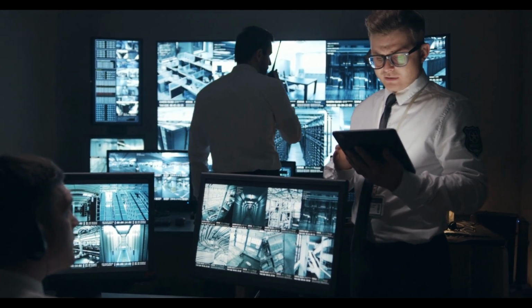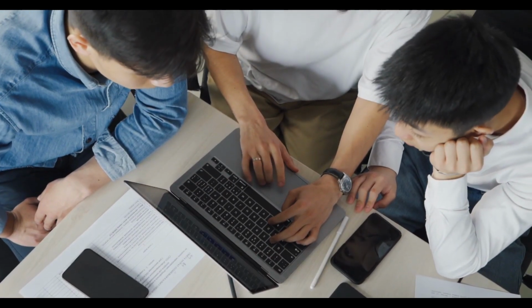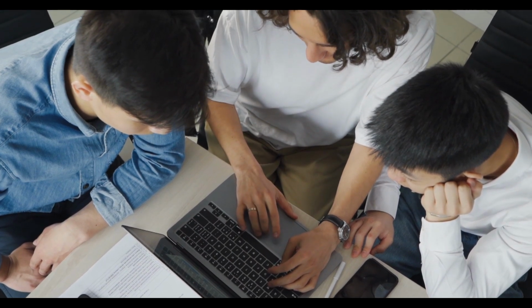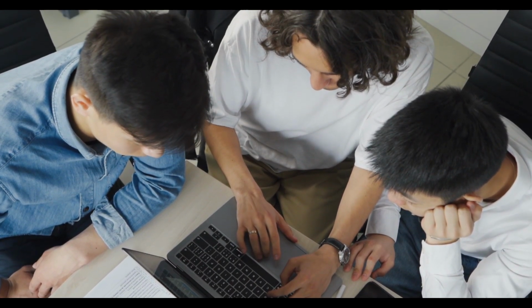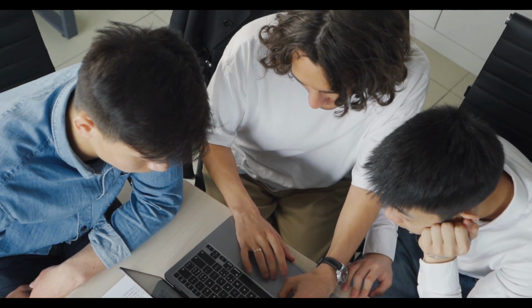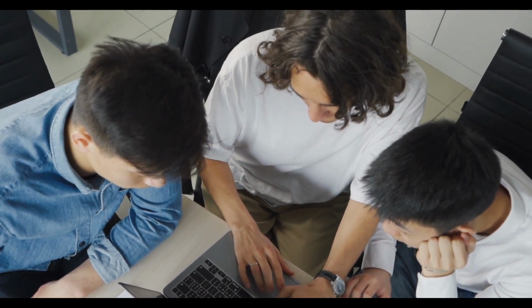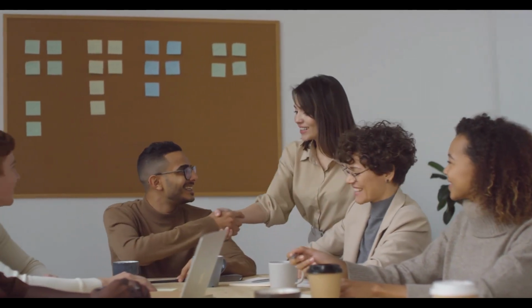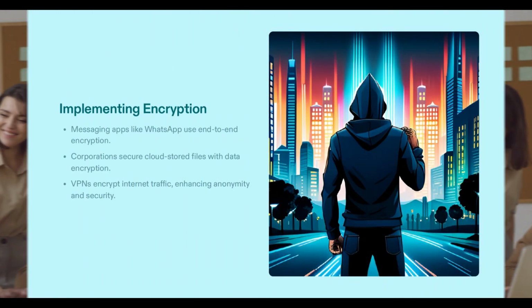When you shop online, that little padlock symbol in your browser's address bar is your guarantee of security. It signifies that your payment information is encrypted during its journey over the internet, shielding it from potential eavesdropping. Even when you send an email, it's wrapped in a protective cloak of encryption as it travels across the internet, guarding your correspondence from prying eyes.